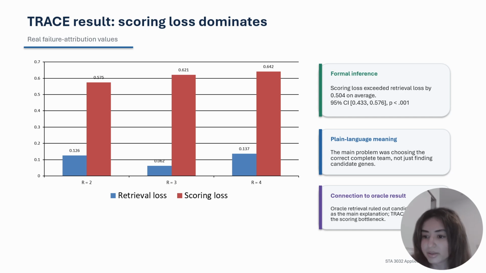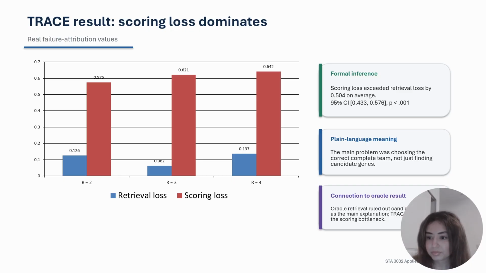We approached this directly with 15 seeds and different regulator size blocks, and the scoring loss exceeded the retrieval loss by 0.504 on average, so the entire interval is well above 0. It indicates a consistent positive contrast, providing strong statistical evidence that scoring loss is greater than retrieval loss.